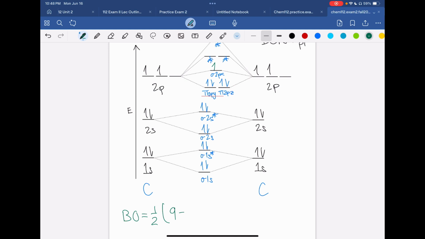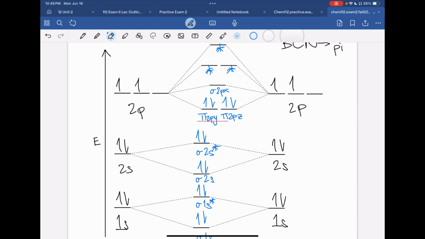Minus your antibonds, so all the stars, 2, 4. Let me pull out my calculator. 9 minus 4 is 5. Half of 5 is 2.5.